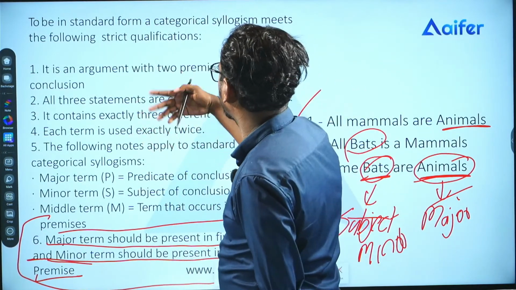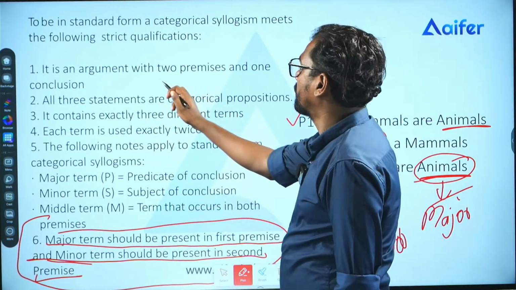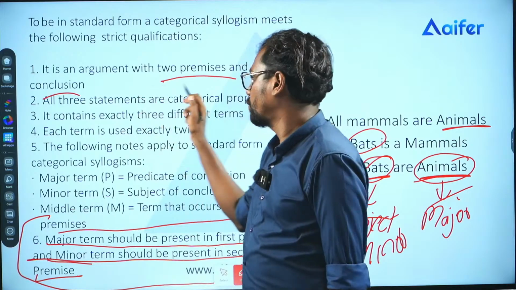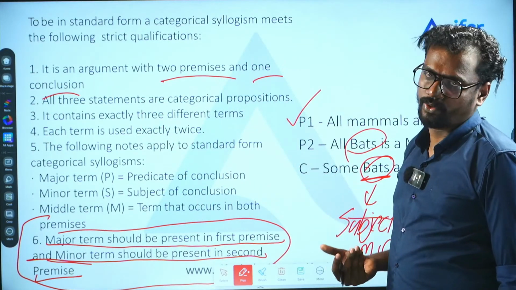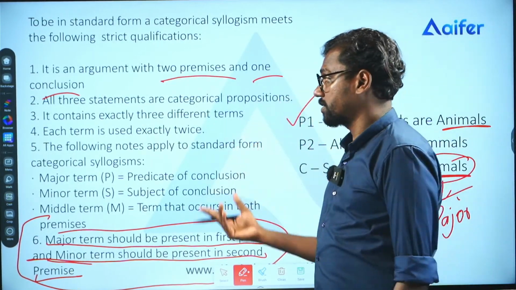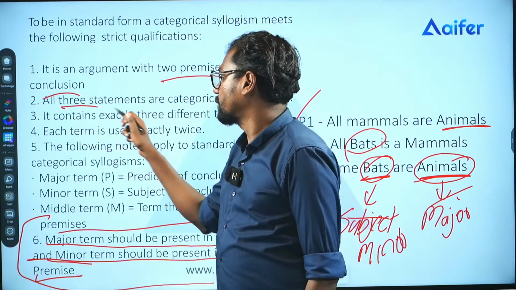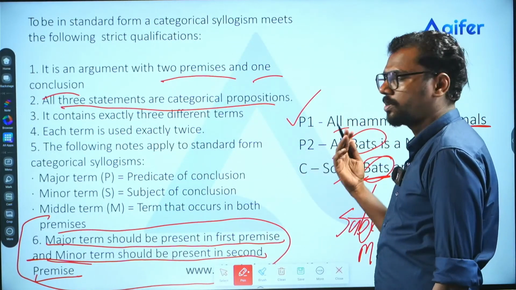What are the other qualities of a standard form? There should be two premises and one conclusion. All three statements should be categorical propositions, which means all, no, some, or some not.